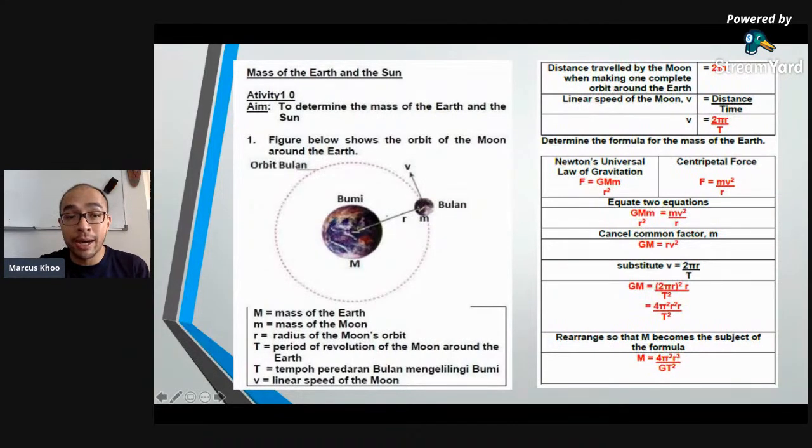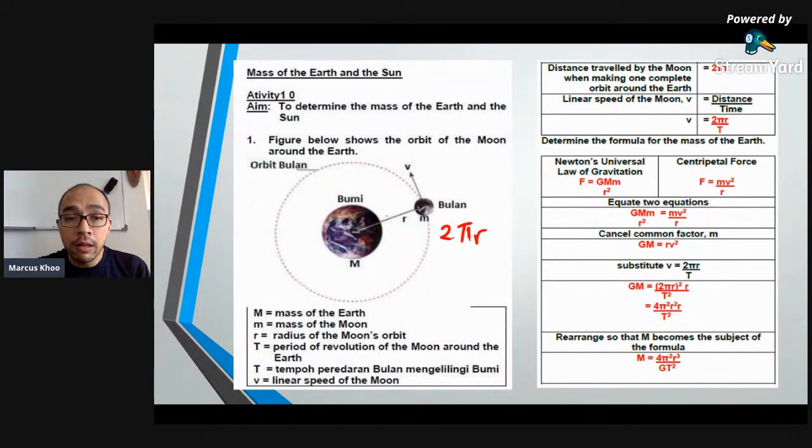So this is 2 pi r, because it is moving one whole circle. So the circumference of the circle is 2 pi r.